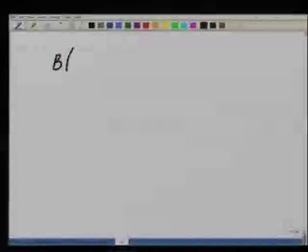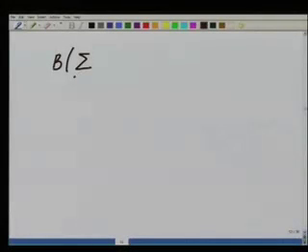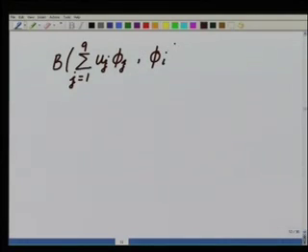So, now if I have this, now I can expand the u9. So, what will that be equal to? I can write it as b of sigma j equal to 1 to 9 uj phi j, comma phi i, is equal to f of phi i.